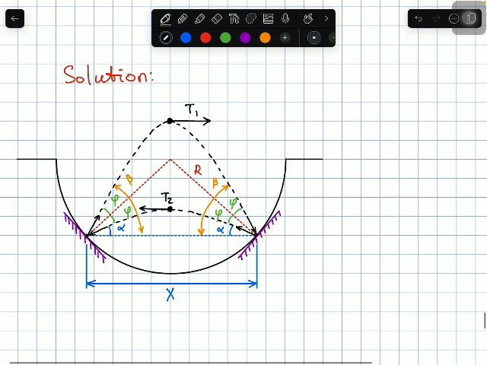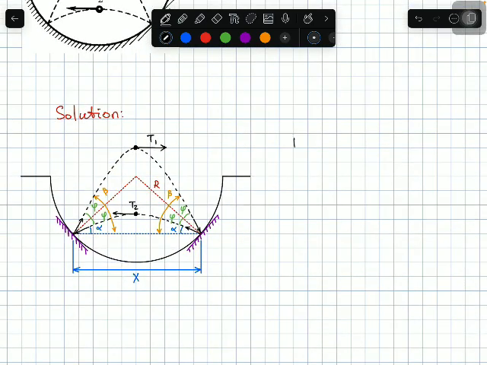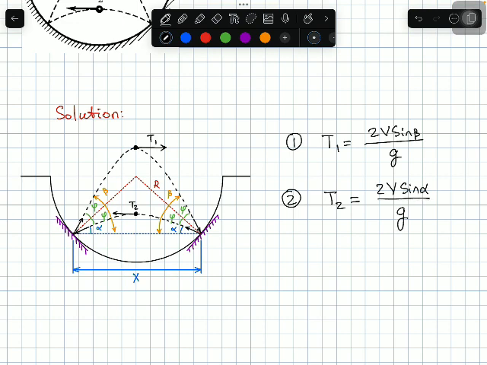Given these parameters, we can write the following equations. Equation number 1. From basic kinematics, we know that t1 should be equal to 2v sine beta divided by g. Equation number 2. t2 equals 2v sine alpha divided by g.